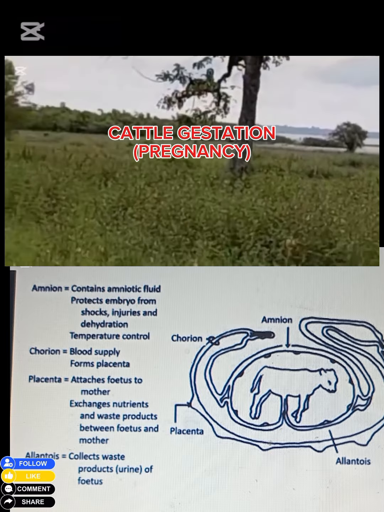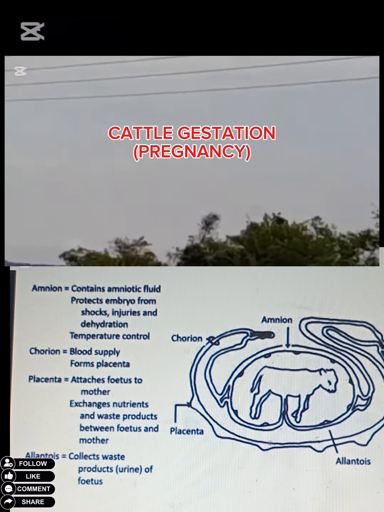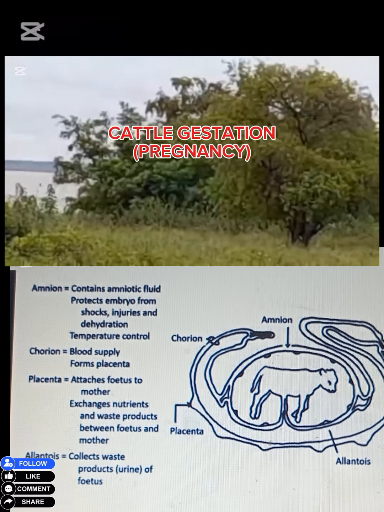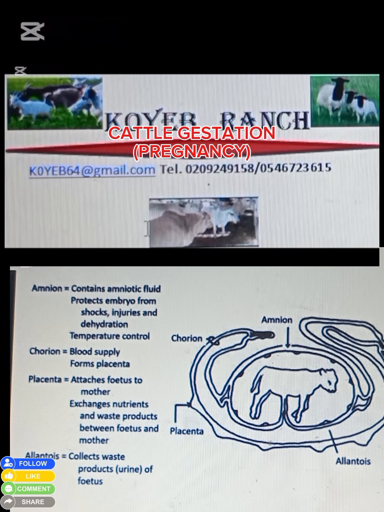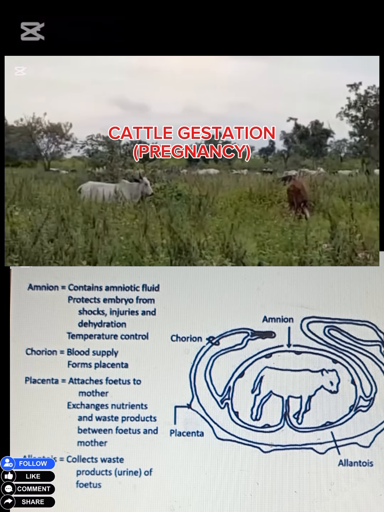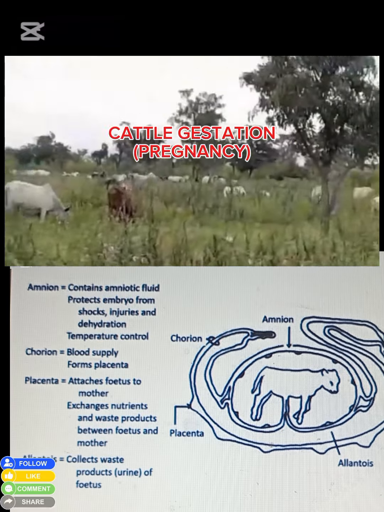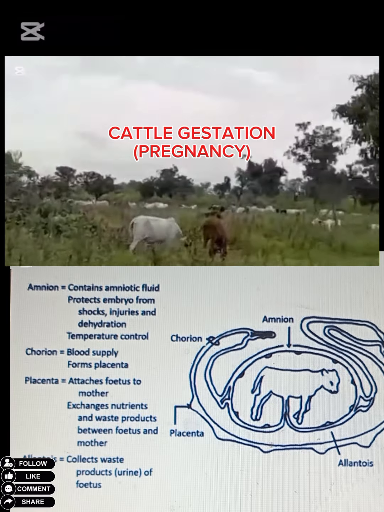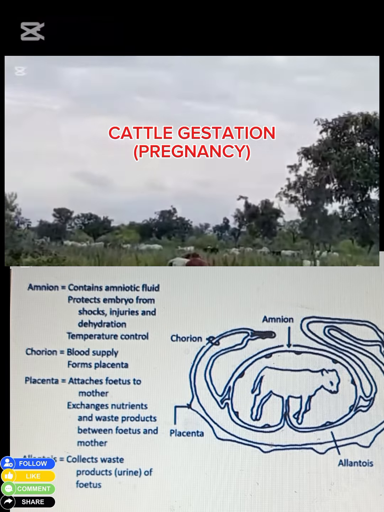The amnion is an innermost membrane that encloses the embryo of a mammal. It contains amniotic fluid, which protects the embryo from shocks, injuries, and dehydration. It also controls temperature.